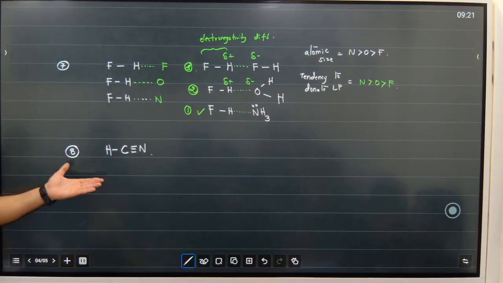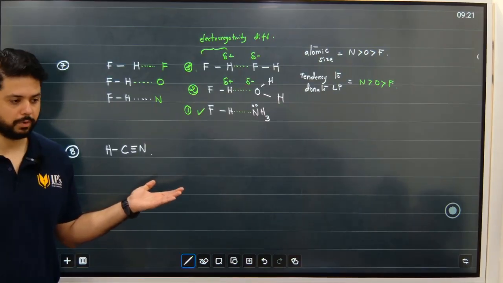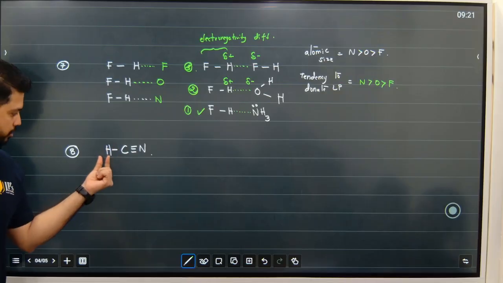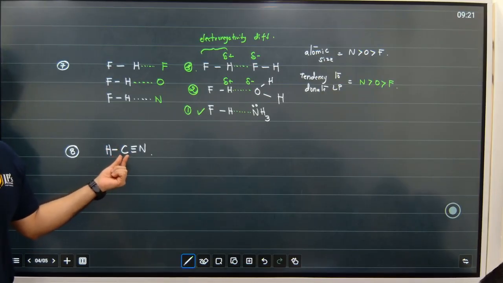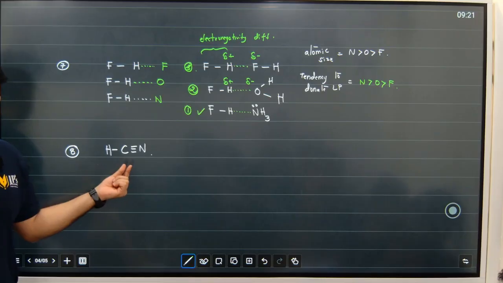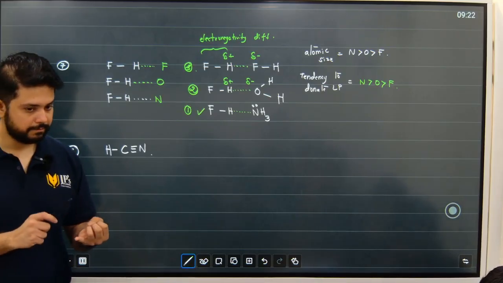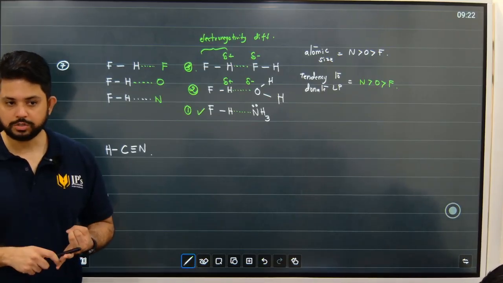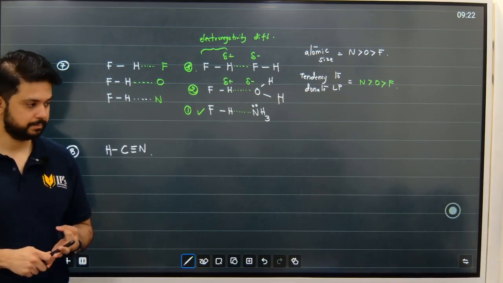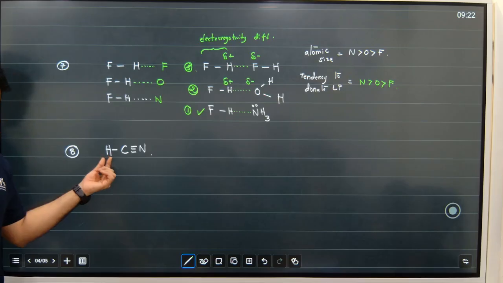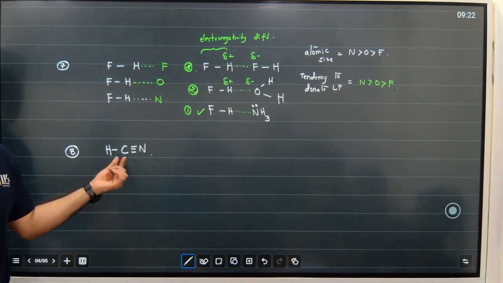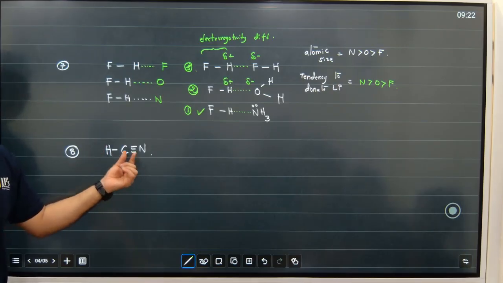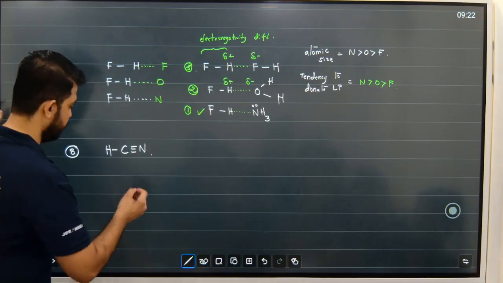So if you look at HCN, HCN should not show hydrogen bond, because hydrogen over here is not bonded to an electronegative atom, because the electronegative atom that it should be bonded to should be either fluorine or oxygen or nitrogen. But hydrogen is bonded to carbon over here, so it should not show, but HCN shows H bonding.